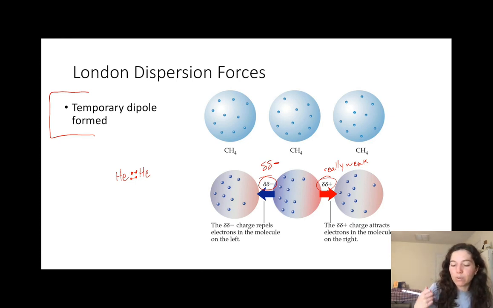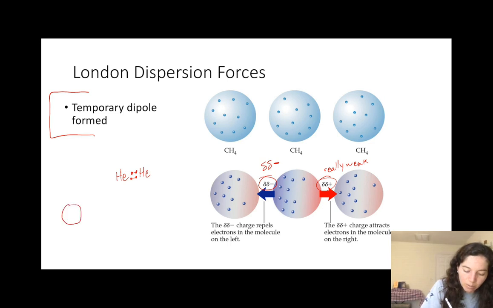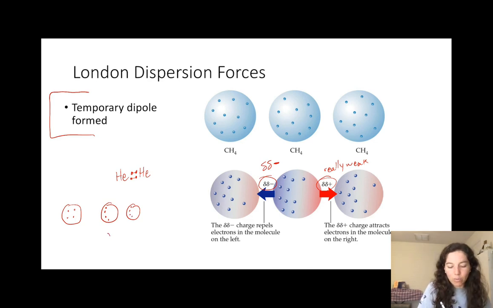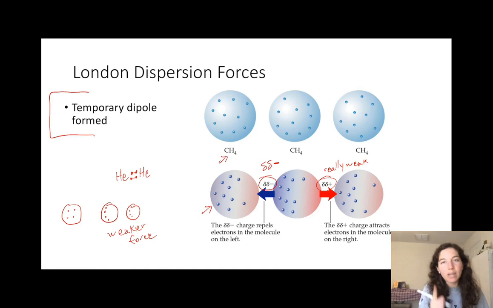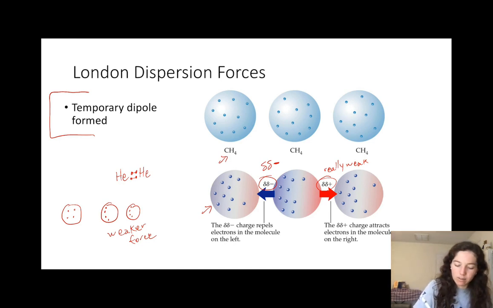So if we were to look at the London dispersion picture of helium, you'd only have 1, 2, 3, 4 electrons in it. So if it formed a temporary dipole, all 4 of these would be more to one side, and they'd line up. What you're going to notice here is that this is a weaker force than the CH4 when it forms a temporary dipole, just because it has fewer electrons.